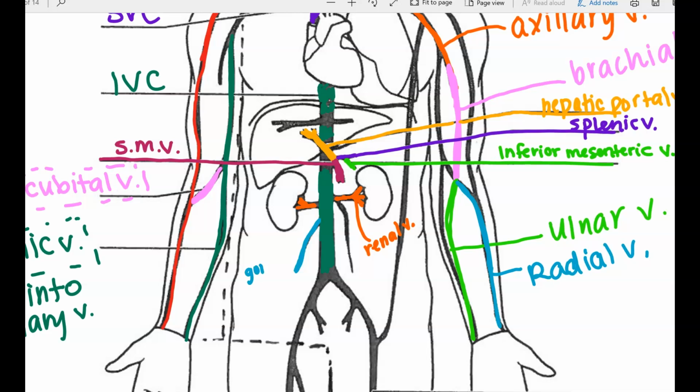So I'm just going to label this as gonadal, and then gonadal, and then same thing as the artery. So if we have a female, we can call this the ovarian, and if we have a male, we would call this a testicular vein. But notice how on the left side, this gonadal vein is going to drain into the left renal vein. Okay, so I'm just going to put a left gonadal vein here. And of course, this side would be our right.